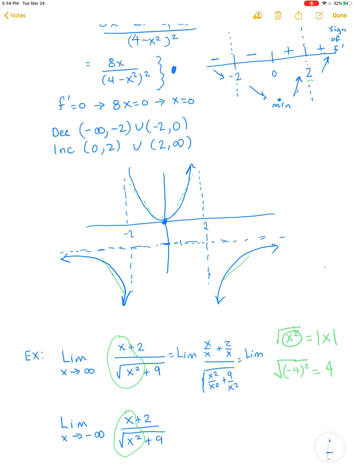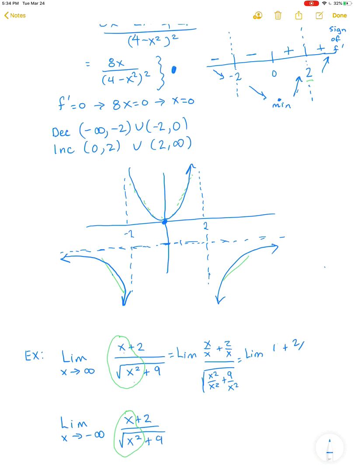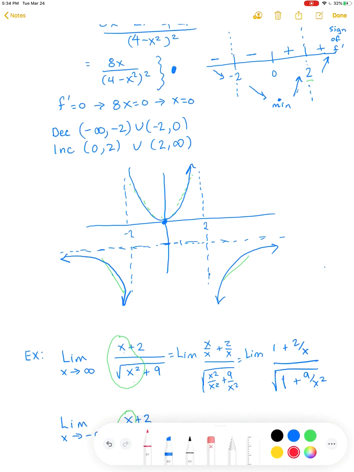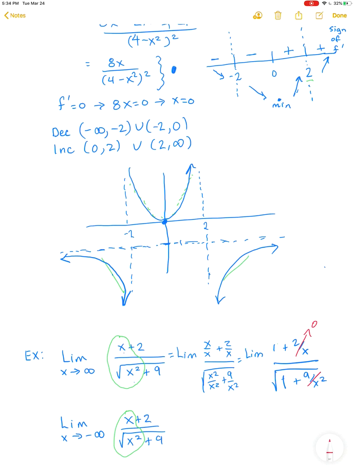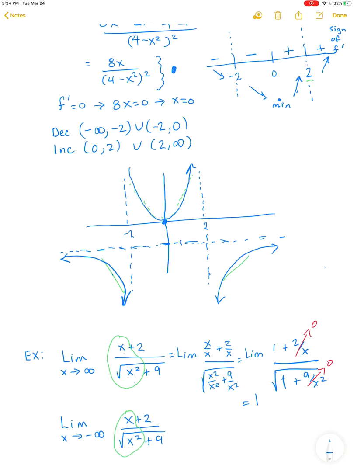And so this thing simplifies. This thing simplifies as 1 plus 2 over x, and this simplifies as 1 plus 9 over x squared. And so as x goes to infinity, these little fellers disappear, and we're left with 1.